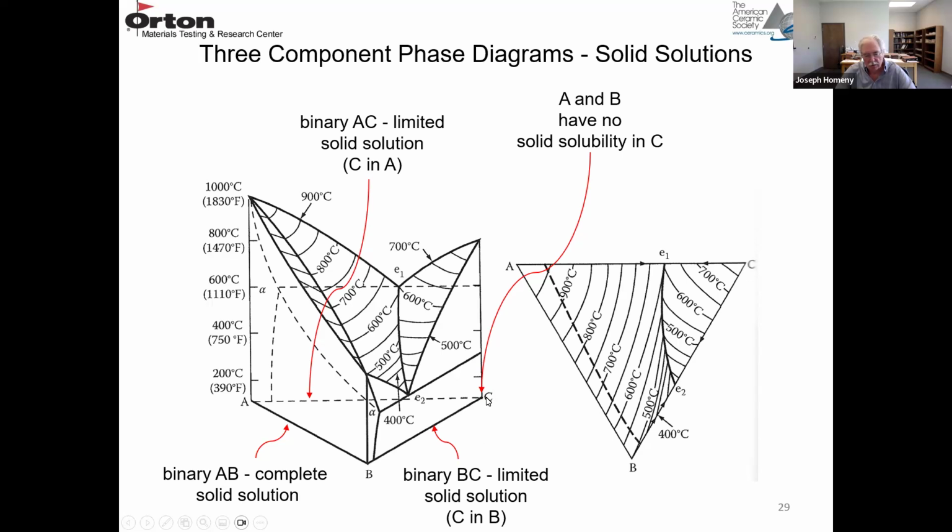So A and B do not dissolve in C, but a little bit of C dissolves in B, a little bit of C also dissolves in A, and A and B are complete solid solutions. So this dotted line represents the region where you can have solid solubility.